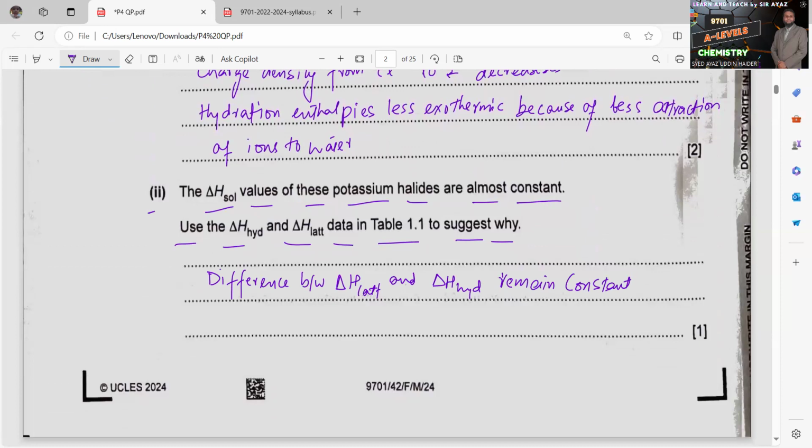So you can write that delta H lattice and delta H hydration become less exothermic by the same margin.